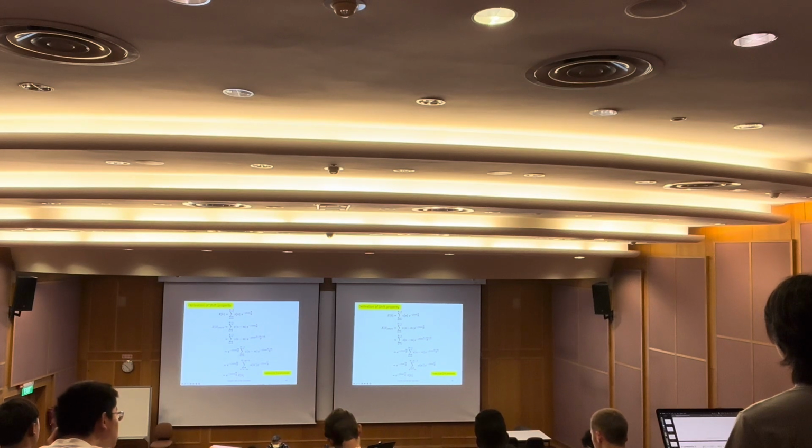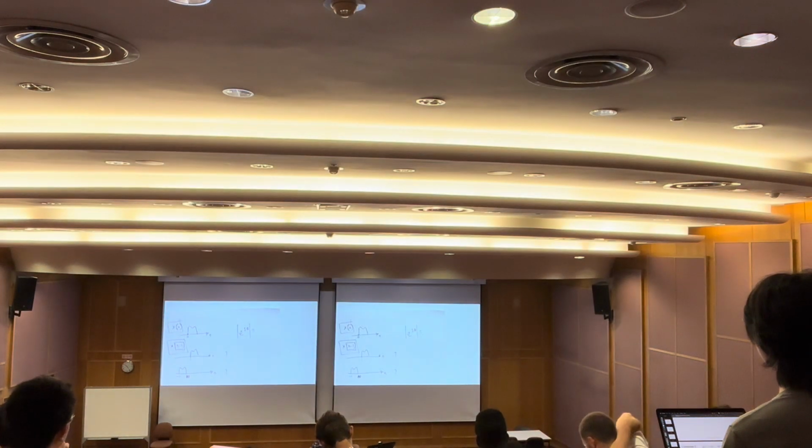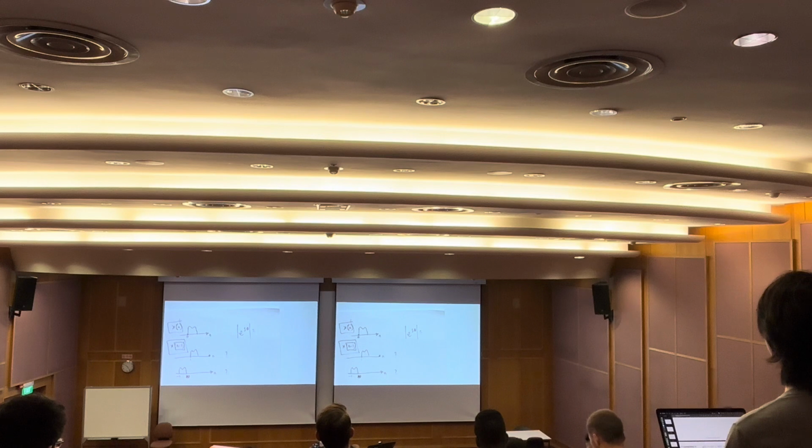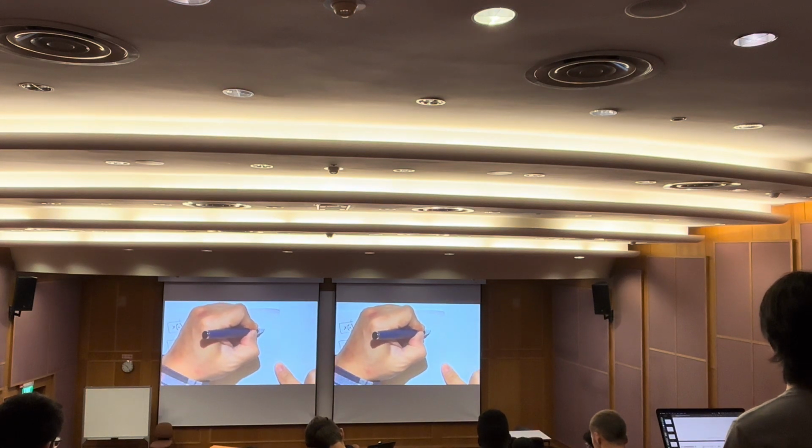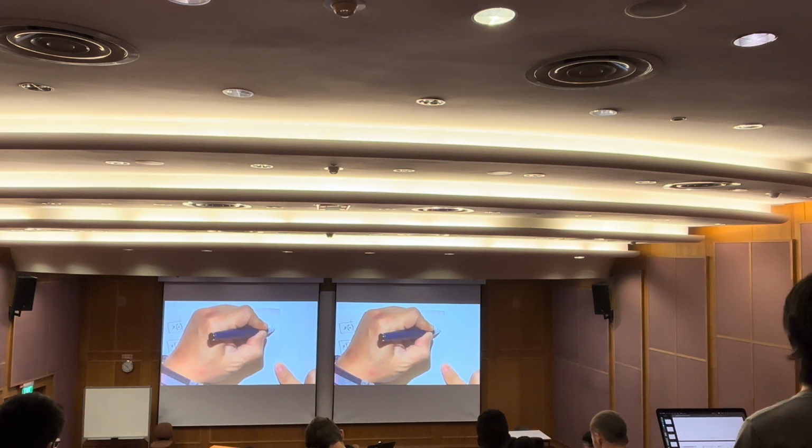Why do I say e to the minus j something is a phase term? This is another question I want to ask you. What is the magnitude of e to the power j theta? Equal to what? Remember, e to the j theta is cosine theta plus j sine theta.